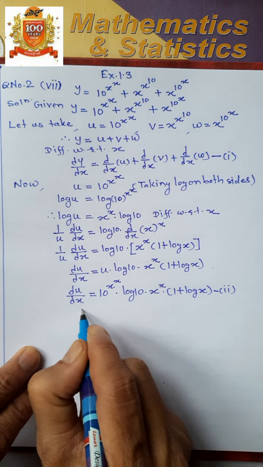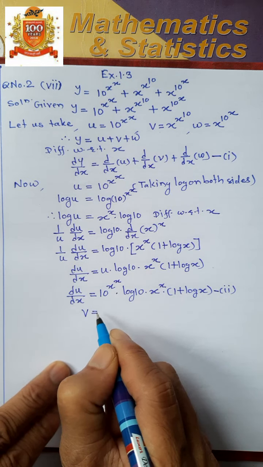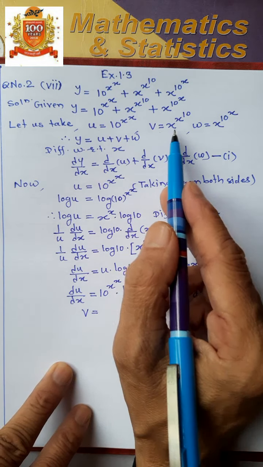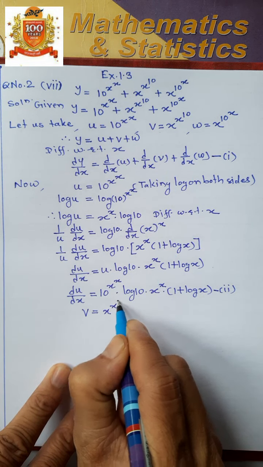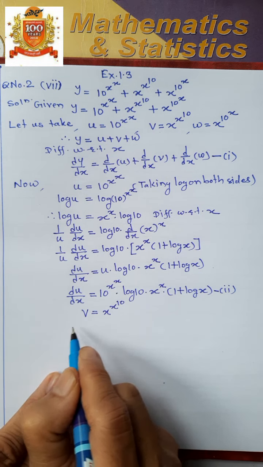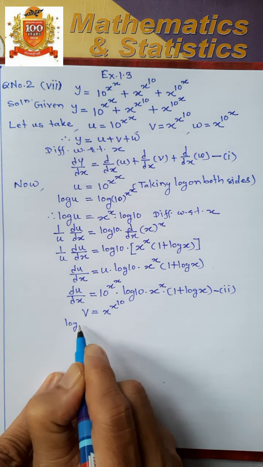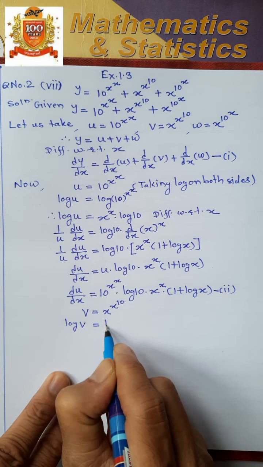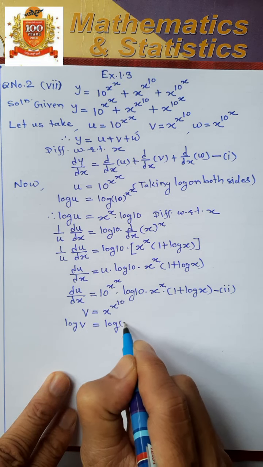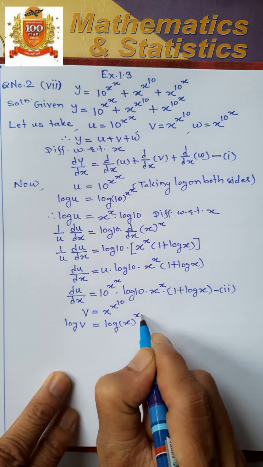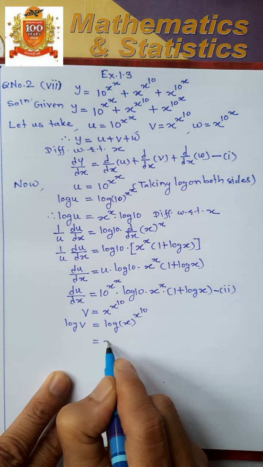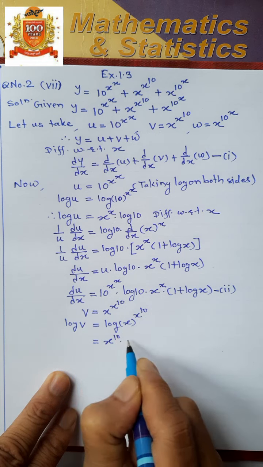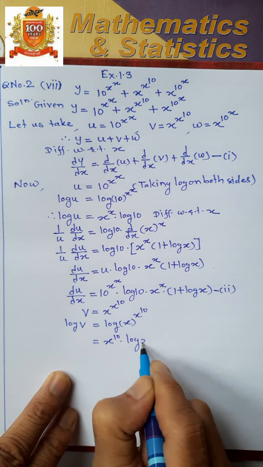Now v is equal to, what is the value of v? x raised to power x raised to power 10. Therefore log of v is equal to log of x raised to power x raised to power 10, which is equal to x raised to power 10 into log of x.